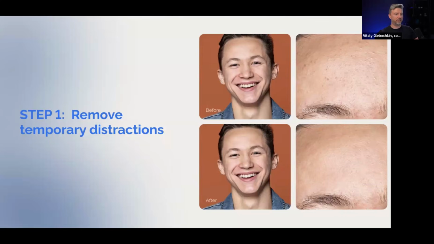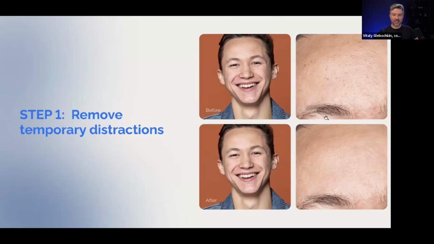The first stage is removing temporary distractions, and in this case, you need to start with some small imperfections on the skin. You need to zoom in and try to find all small imperfections that are temporary for your subject at this moment.